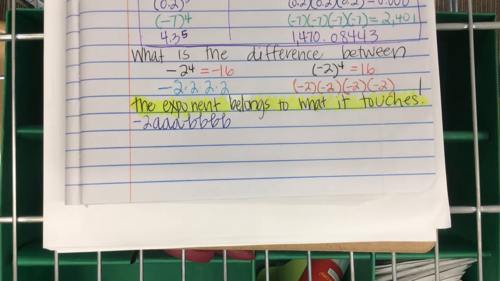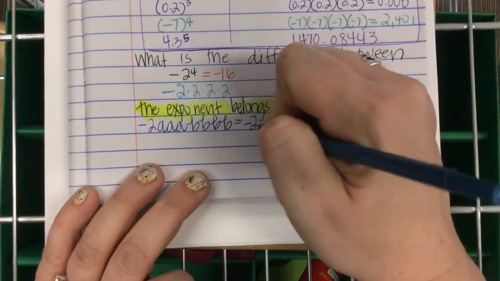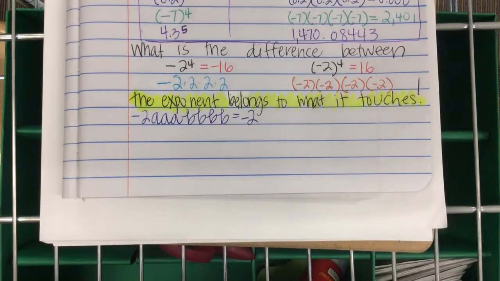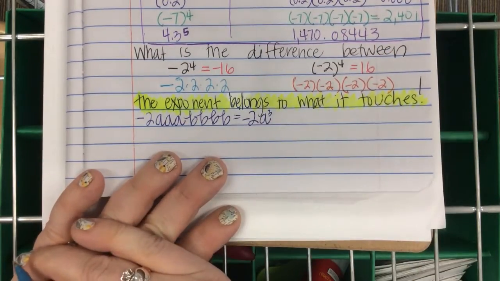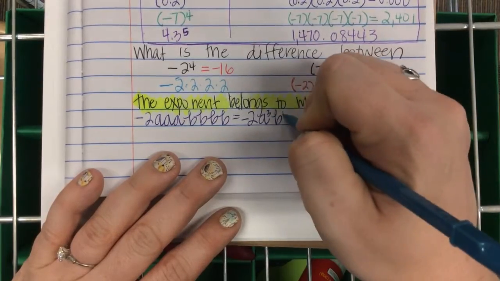Negative 2a, b, b, b, b, b. Is there something involving exponents you could do, Lily? Negative 2, a to the third, b to the fourth.